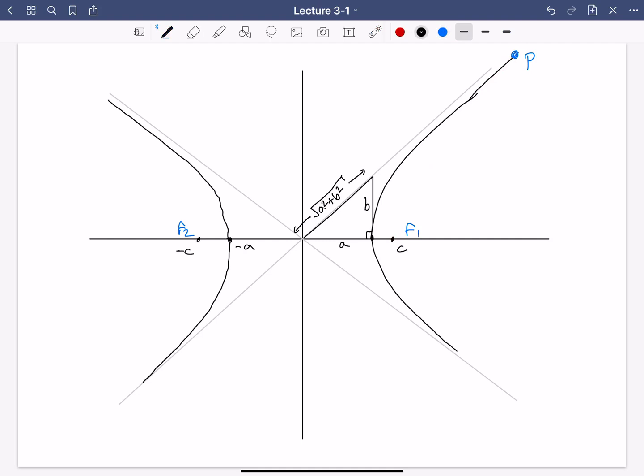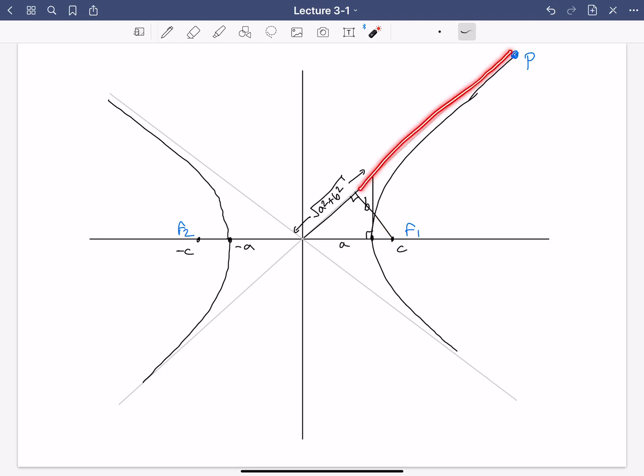And the point is that because P is very far away, I can get away with just dropping this perpendicular from C to the diagonal asymptote. So that's another right angle. And because P is very, very far away, that angle there is going to be very, very close to 90 degrees.